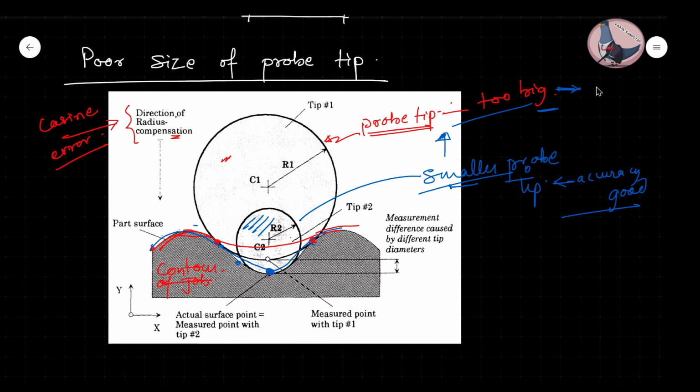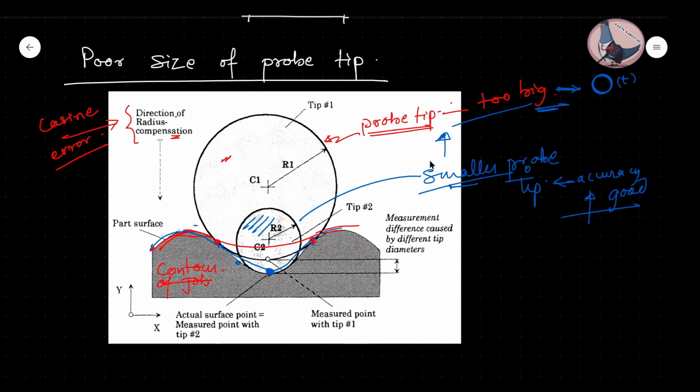In computer science you might have studied about time complexity, which is given as big O notation, small o notation. So this reduces your time complexity and space complexity, whereas smaller probes increase your time complexity and space complexity but increase the accuracy.